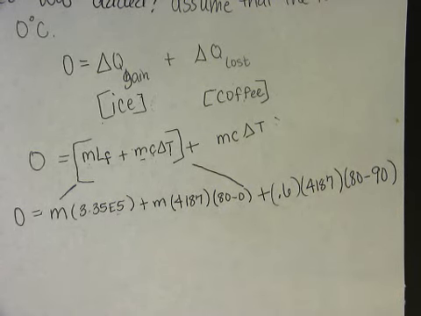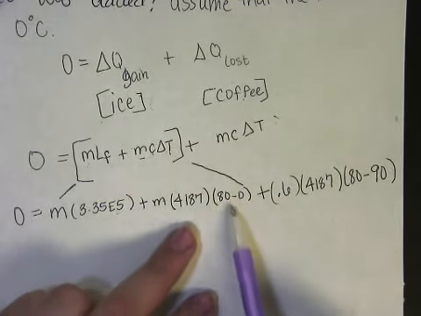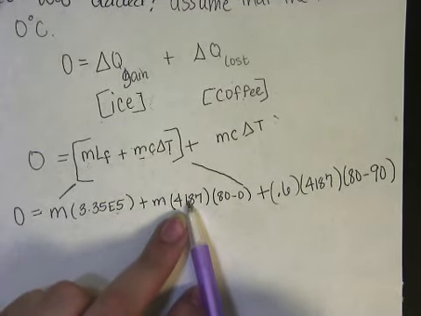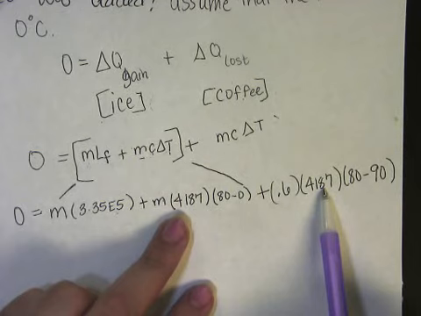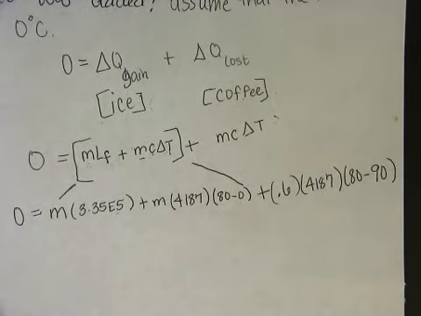First thing I'm going to do is start simplifying. I'm going to multiply these numbers together, and I'm going to multiply these numbers together. I'm going to leave my variables separated for the moment.